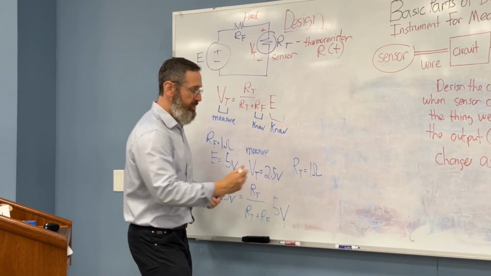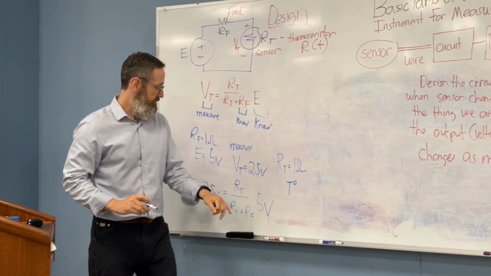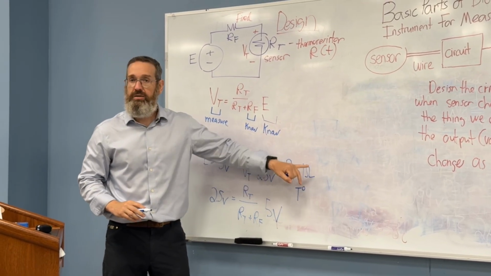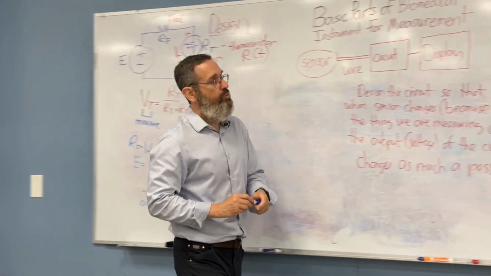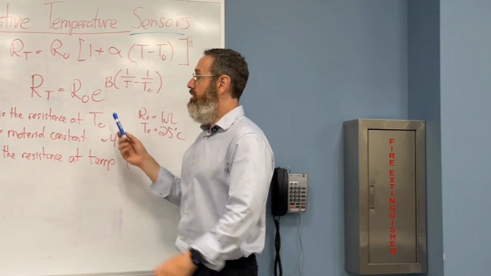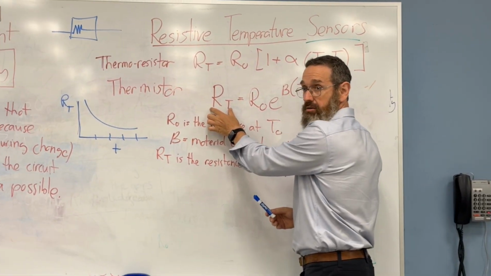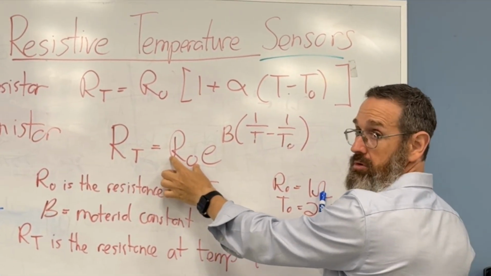But of course, we don't want to know the resistance, right? We want to know the temperature. What is the temperature associated with 1 ohm? Well, we have to apply this. 1 ohm is here, right? This, in this case, would be 1 ohm.